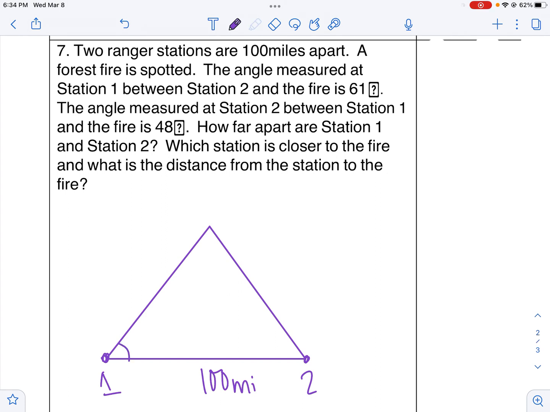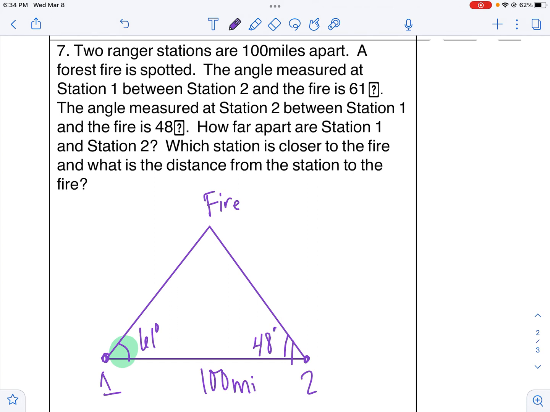The angle that's created here, this angle between the fire and station 2, 61 degrees.